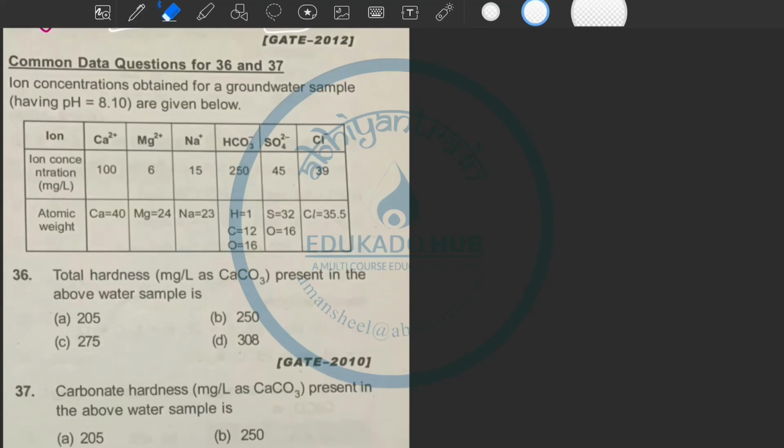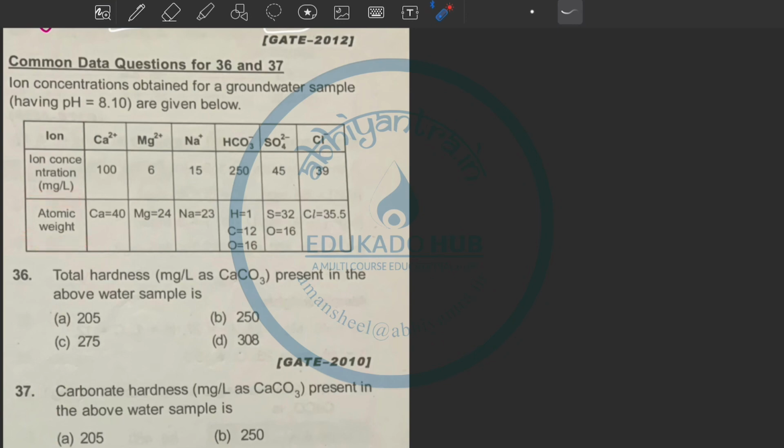Let's do the common data questions, number 36 and 37. For a groundwater sample, the water pH is 8.1, and the concentrations of calcium, magnesium, sodium, bicarbonate, sulfate and chloride are given in milligram per liter, along with their atomic weights.